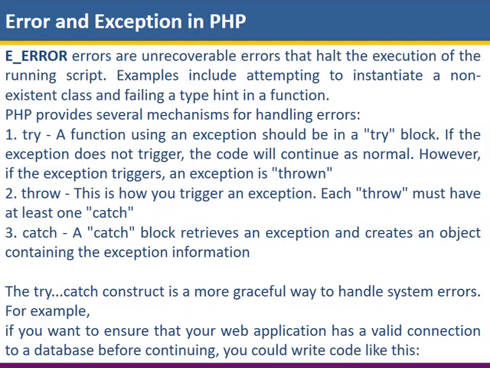Now we'll look at mechanisms for handling errors. PHP provides several mechanisms for handling errors, just as Python provides mechanisms for handling errors or exceptions. We discussed try, except, finally in Python, but PHP uses try, throw, catch.